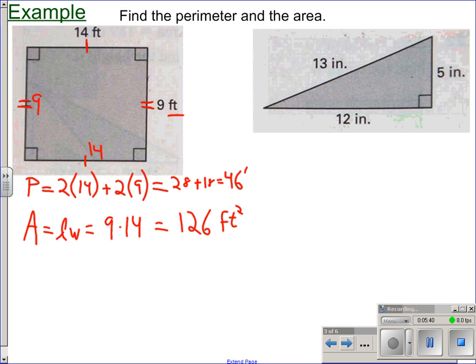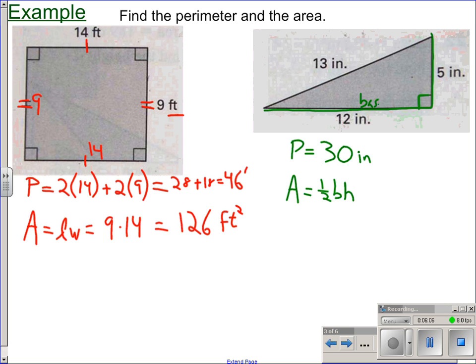Okay. For the triangle perimeter, you just add up all the sides. 30 inches. For the area, it is 1/2 base times height. The base and height have to be perpendicular. There's a perpendicular marker. So this side 12 is perpendicular to the side that is 5.